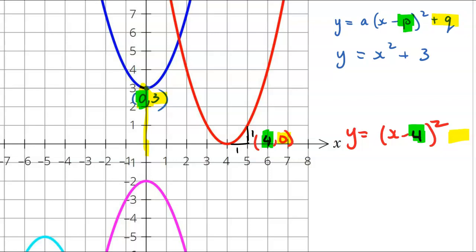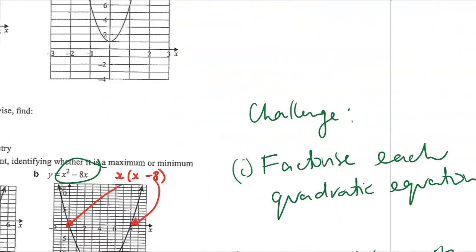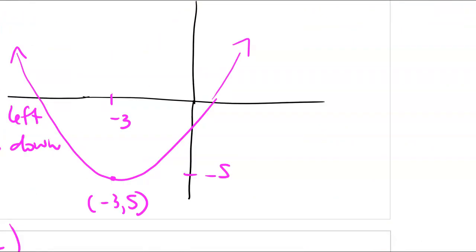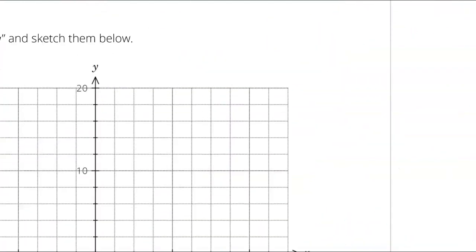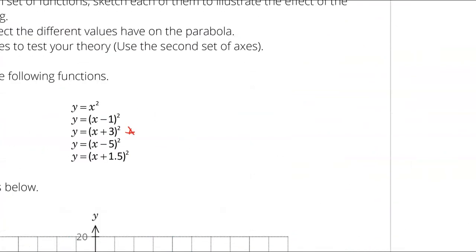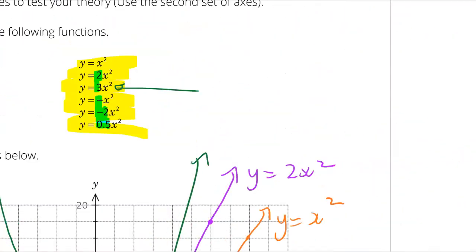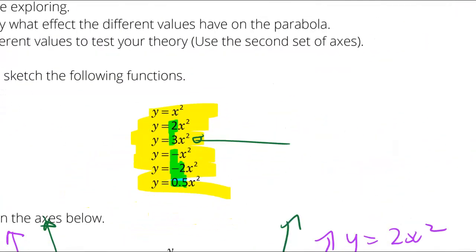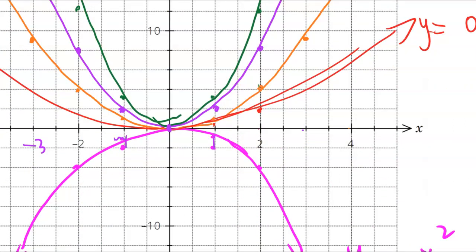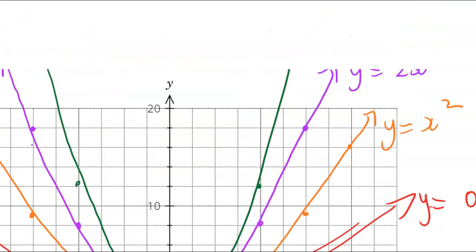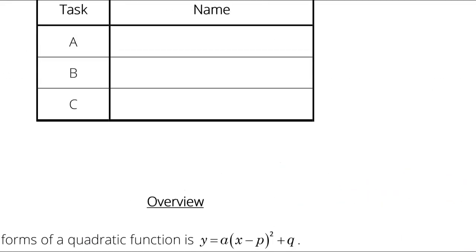It's not really a gradient, don't think of it as gradient, but our very basic parabola of y equals x squared goes across 1 and up 1 from the turning point. That is one really quick way to check if A is 1.